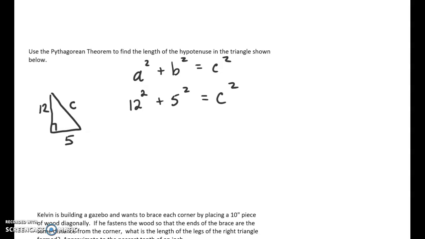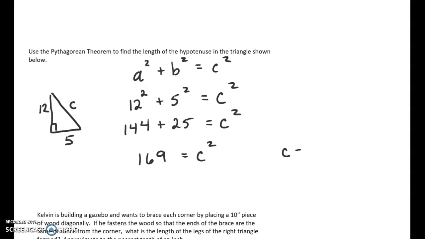Now, when you're doing this equation, you're going to have to square those sides first. So 12 squared is 144, and 5 squared is 25. Then you're going to add those two together, so 169 equals C squared. Now, what you're trying to do then is figure out what number, if you squared it, would equal 169. 169 is a perfect square, so C is going to be 13.